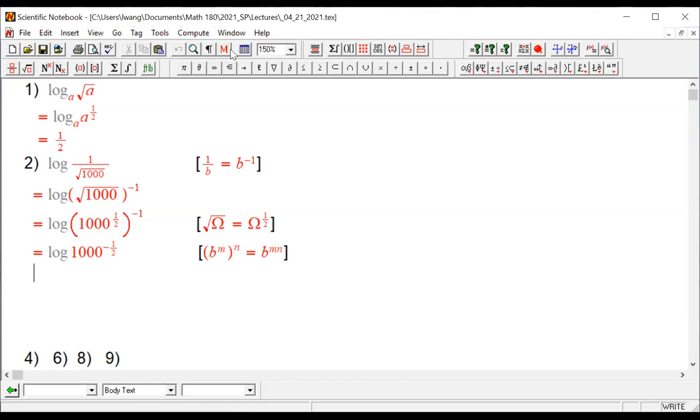And the next step, he used the power rule. He brought the 1/2 out and then log 1000. And what property did he use here?